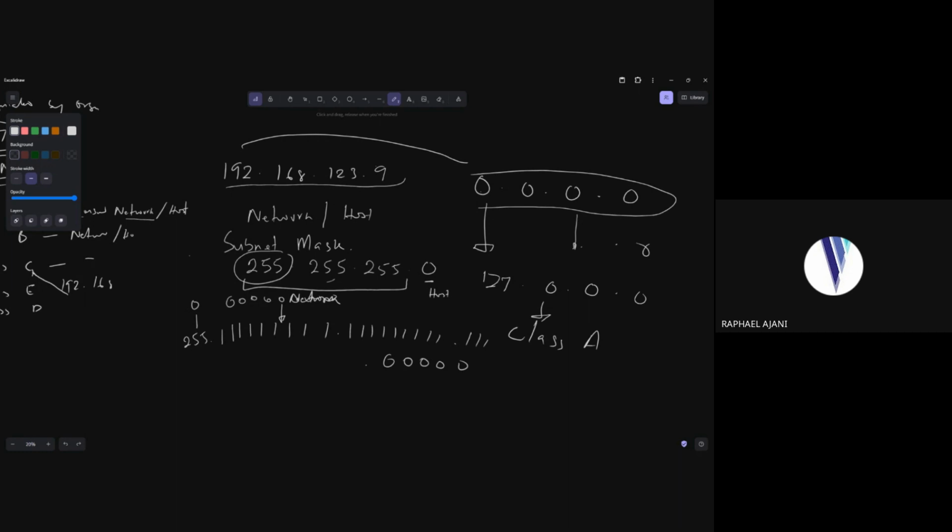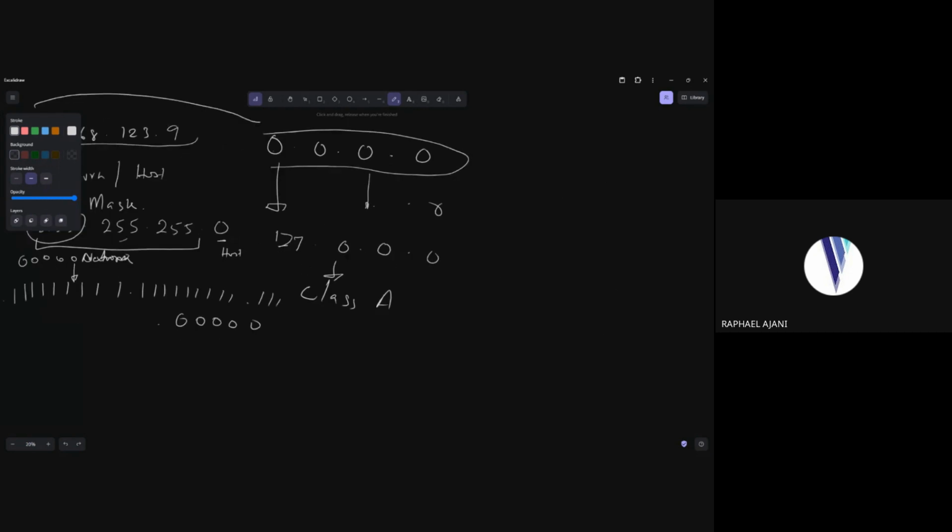So the next categorization will be from 128 up to 191, which will be considered a class B.